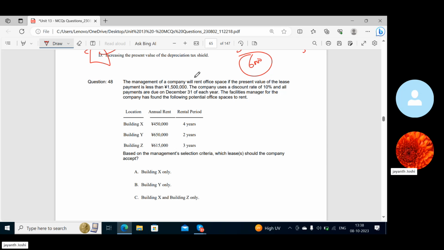The management of a company will rent office space if the present value of the lease payment is less than this. See, the management of a company will rent, so they will take the property on rent, right? Yes, sir. If the present value of lease payment is less than this.